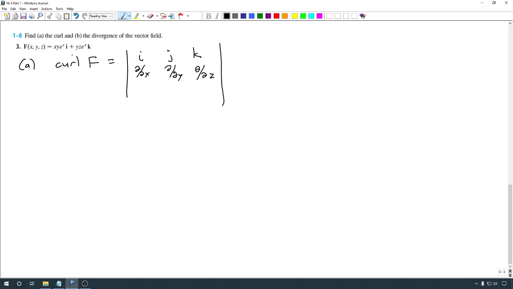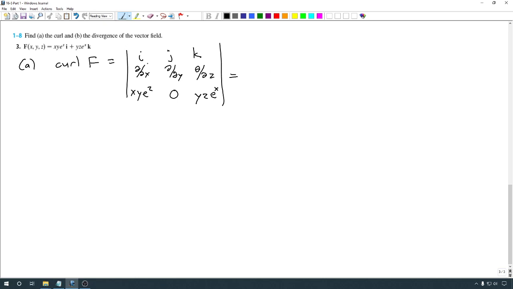That tends to take up more space. This time, it's not too bad. We have xy e to the z as our first component. That's our P. We don't have a j component or y component, so we'll go ahead and make that a 0. And then finally, the R, our third component, is yz e to the x.